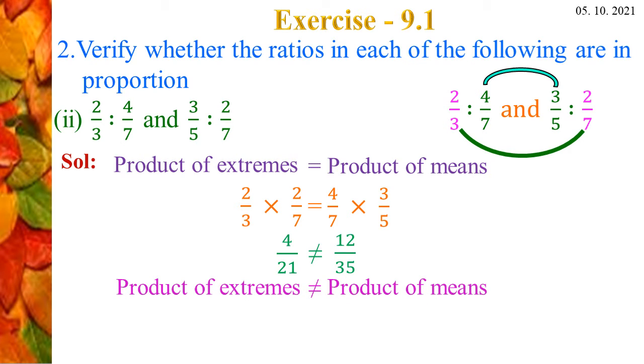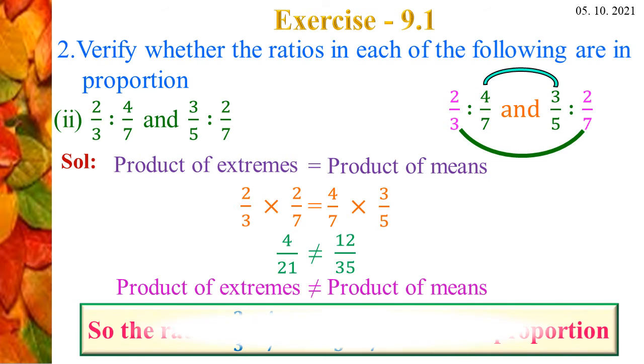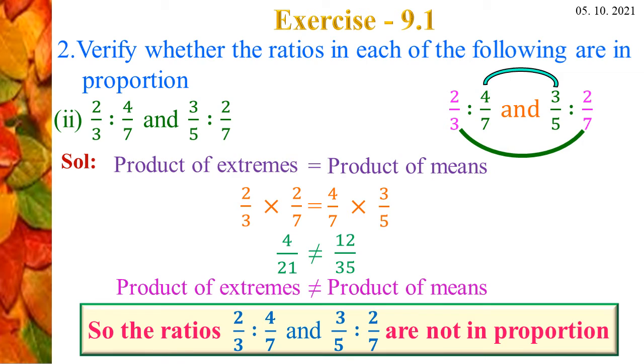Both values are not equal. Therefore, product of extremes is not equal to product of means. Therefore, the ratios 2 by 3 is to 4 by 7 and 3 by 5 is to 2 by 7 are not in proportion.